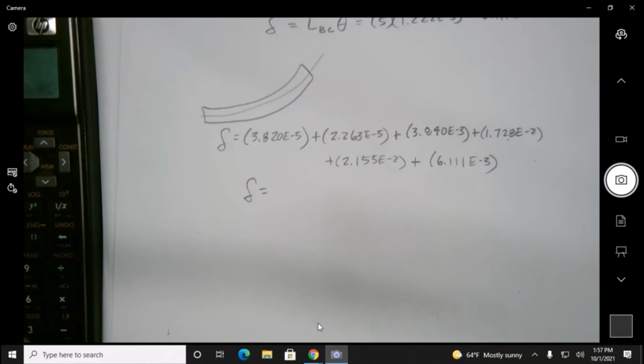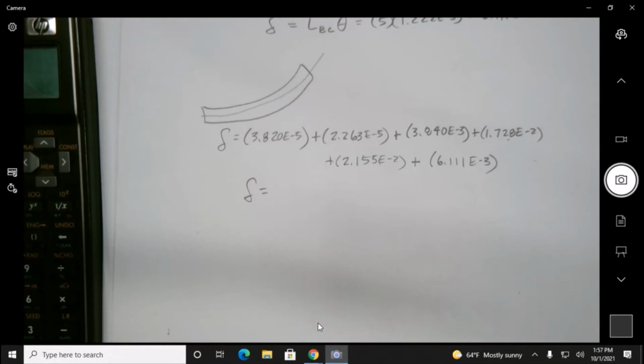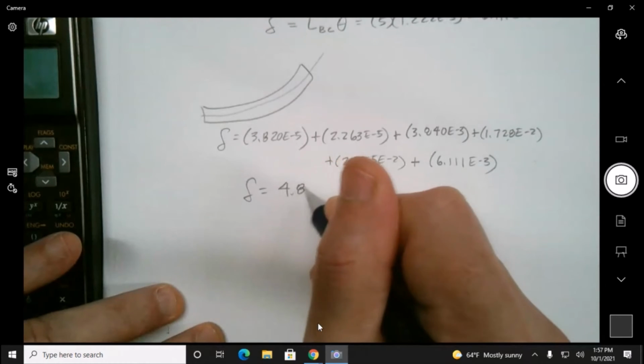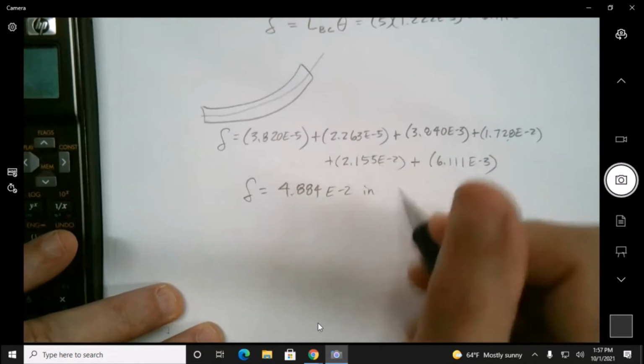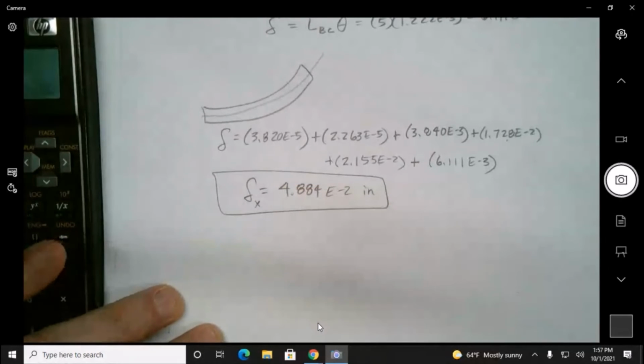Get distracted. 1.728 E2, 2.155 E2, add, and then 6.111 E3, and add them. So I say that we had 4.884 E minus 2 inches is the deflection in the x direction. We're almost done here.